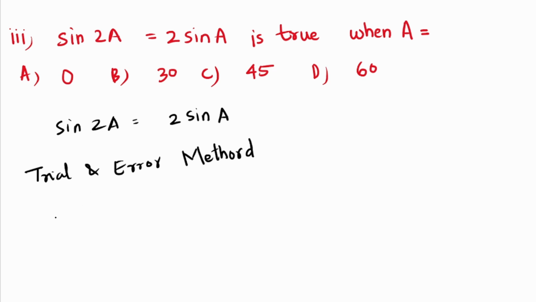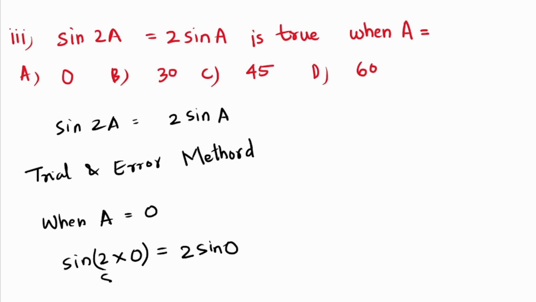When A is equal to 0, right? We'll check whether we are getting the answer correct or not when A equals 0. So sine 2 into 0. Instead of the A, you are writing 0, right? Sine 2 into 0 equals 2 sine 0. So it is sine 0 over here equals 2 sine 0.